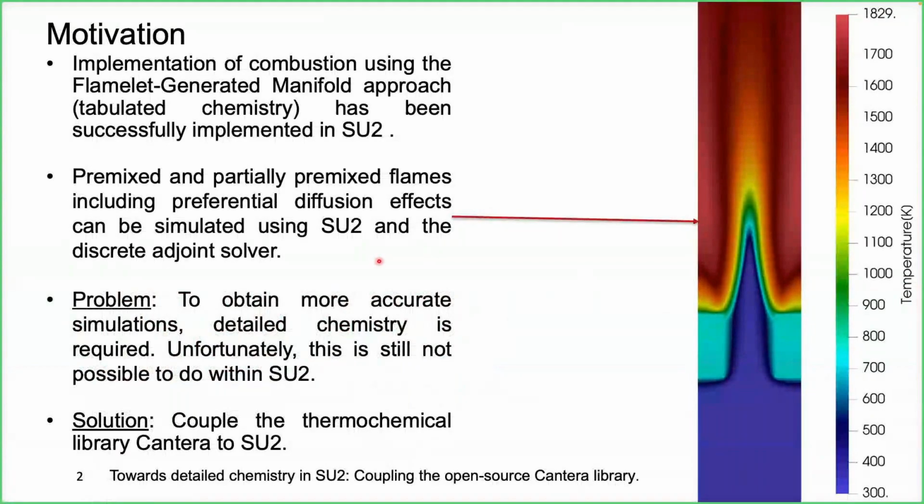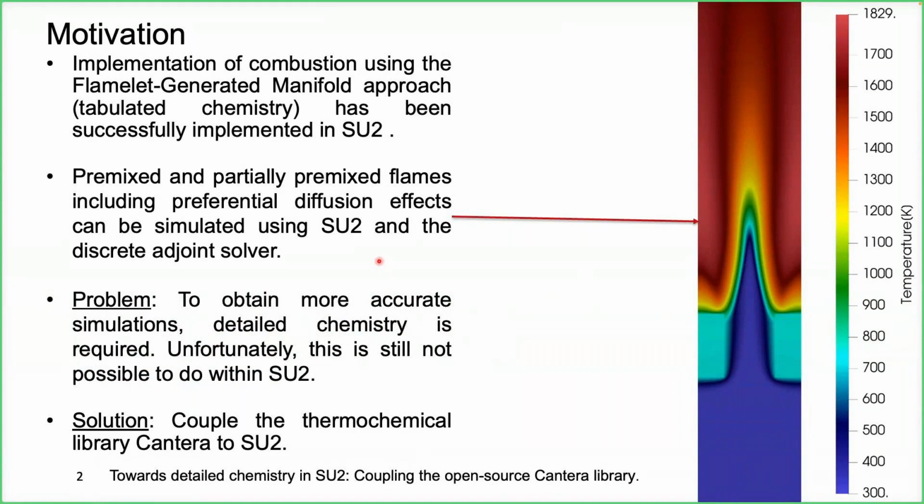First of all, the implementation of combustion using the flamelet-generated manifold approach, which is a tabulated chemistry, has already been implemented in SU2. So now in SU2, we can simulate premixed and partially premixed flames, including preferential diffusion, and we can also use the discrete adjoint solver in these simulations.